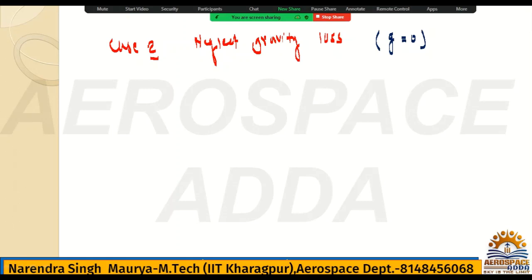That G cos theta term we can consider as 0, because if you say G is 0, then there will be confusion. So this G cos theta part is approximately 0.